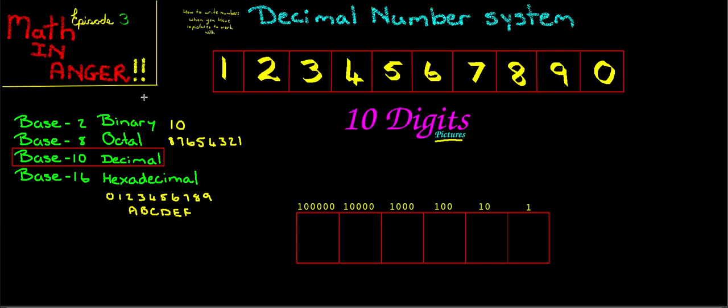Now, for those of you who are studying computer science, you will immediately recognize that, and that. Yeah, we use these number systems, the binary number system, the octal number system, and the hexadecimal number system in computer science. Thing is, I don't want you to worry about these right now.